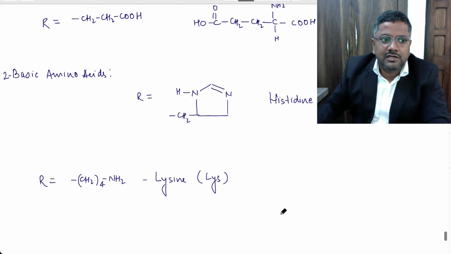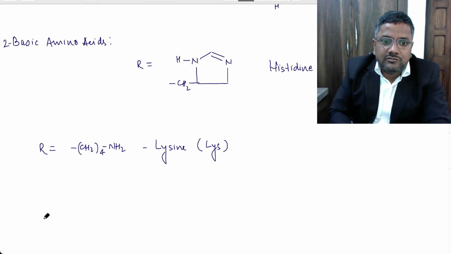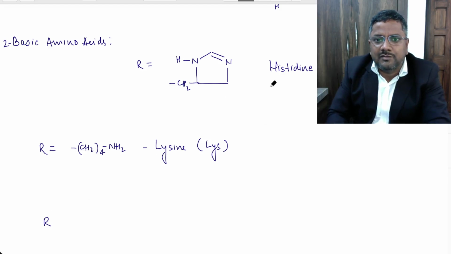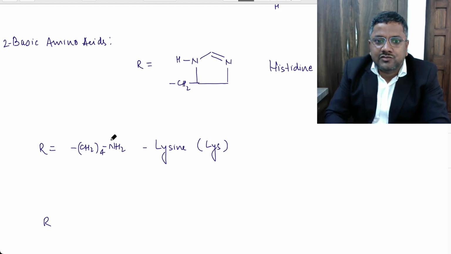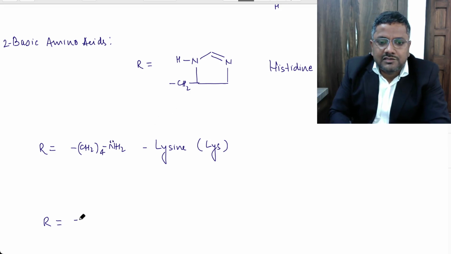lysine. All these are basic, because more than one basic NH group is there. See, N groups are there, NH2 is there, right? Now if R is equal to CH2 whole thrice NH NH2.